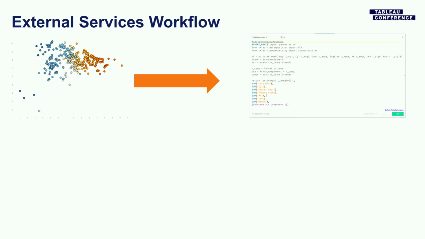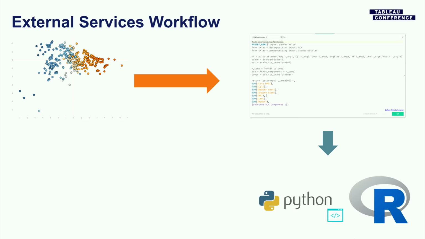It allows us to write R or Python or call out to a model in MATLAB, crunch the data using the very powerful open source libraries or even some closed source technologies, and then return the result as a table calculation into Tableau, which we can then dynamically render into a visualization.